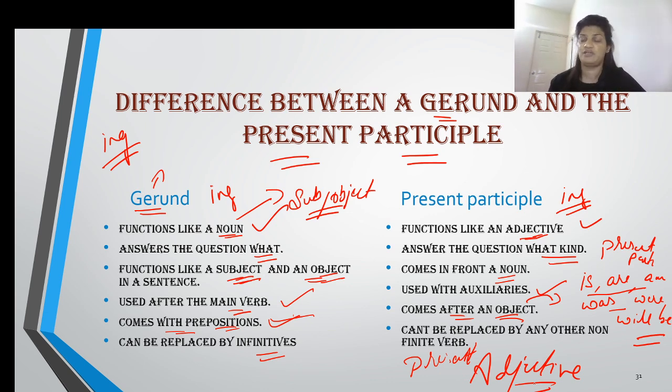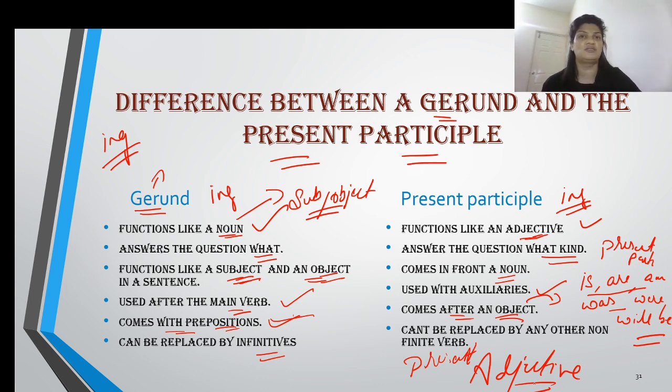There won't be any difficulty when it comes to infinitives because infinitives are just the root verbs which come with the preposition "to". But there is always going to be a problem figuring out whether it is a gerund or a present participle because they look alike. Therefore, I have clarified it as much as possible from my side.